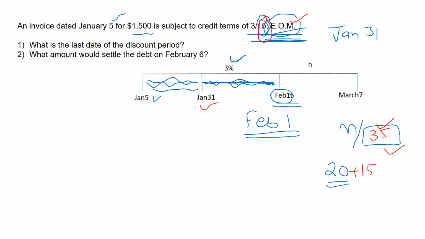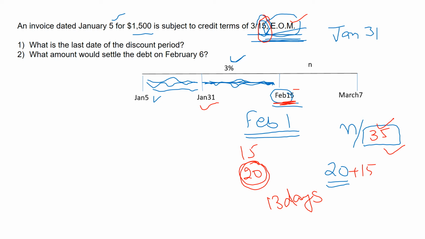Now February 15, we already have 15 days. I'm going to count another 20 days, right? I'm doing calculations manually for calculating the number of days. So 20 more days after February 15th. 13 days of February, right?